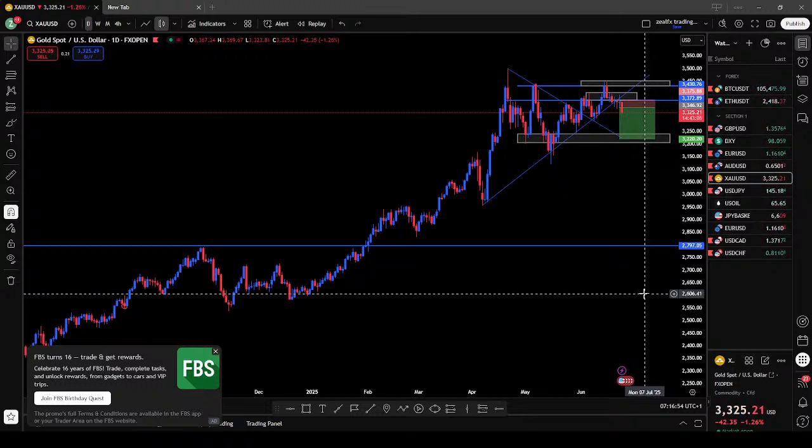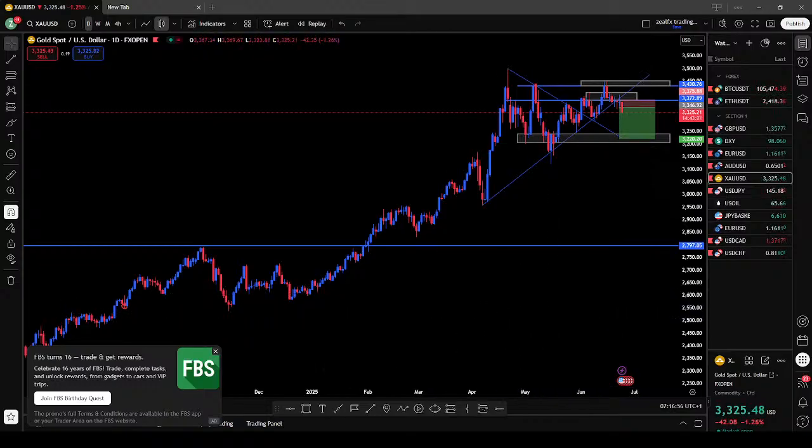That doji is good for, what's it called, for the monthly chart. Now that doji for the monthly chart, you can use that test to start to buy.